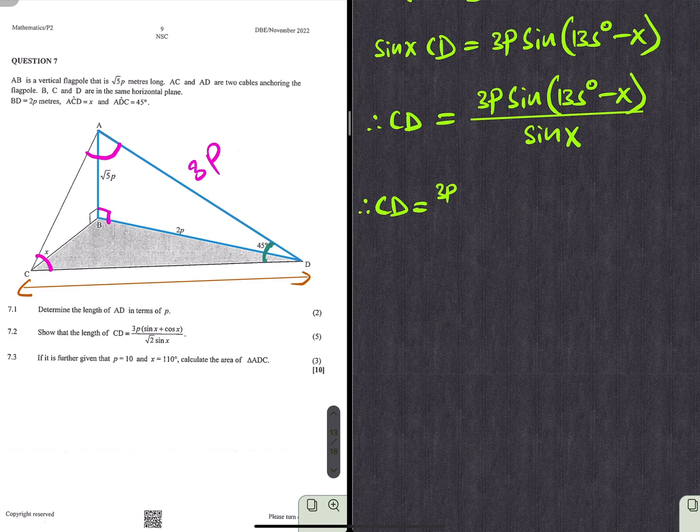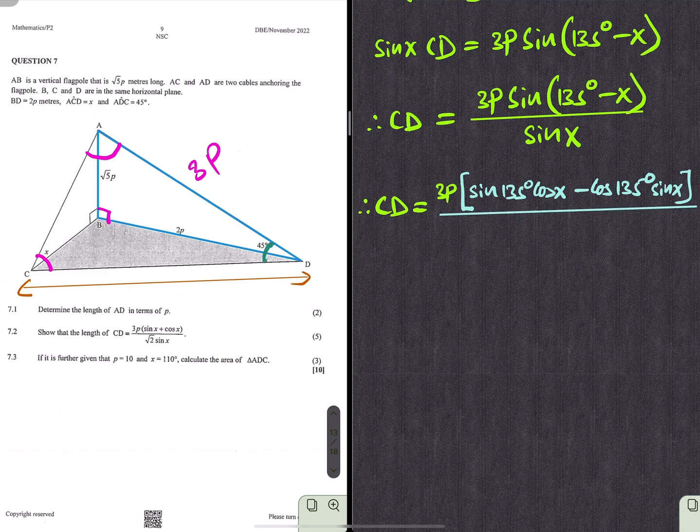And let me try by all means to expand that one. So that should give me sine of 135 degrees cos of x, and then minus cos of 135 degrees, and then sine of x. I close that, and then I divide this by that stuff.